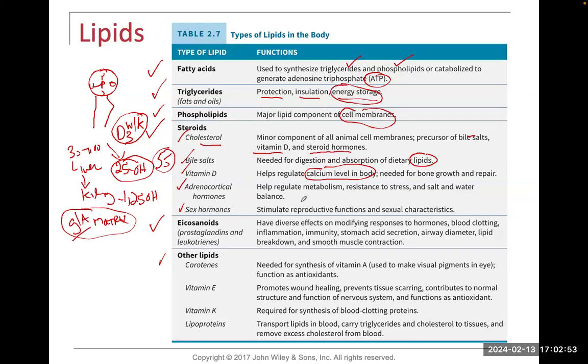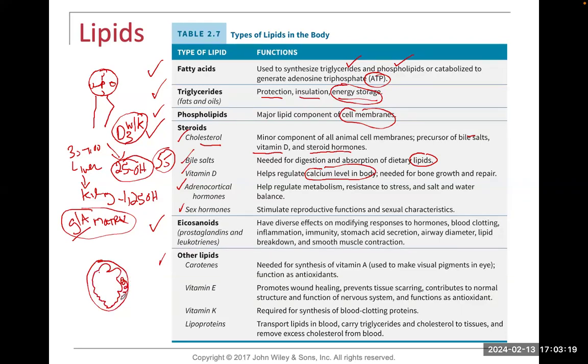Adrenocortical hormones help regulate metabolism, resistance to stress, and salt and water balance. When you see adrenal and cortico, if this is a cross section of the adrenal gland, there's an outer portion and an inner portion.